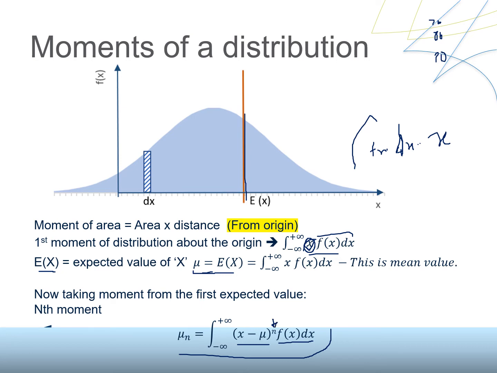If you multiply with 1, with 2, with 3, so n, you can change the values of n, and then you can get different moments. So moment 2 is variance, moment 3 skewness, and moment 4 kurtosis, and so on. But basically 3 moments are important: mean, variance, and skewness.